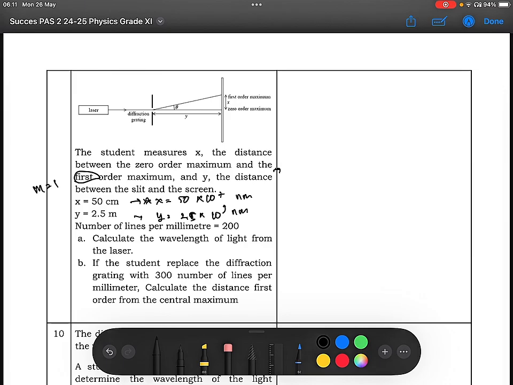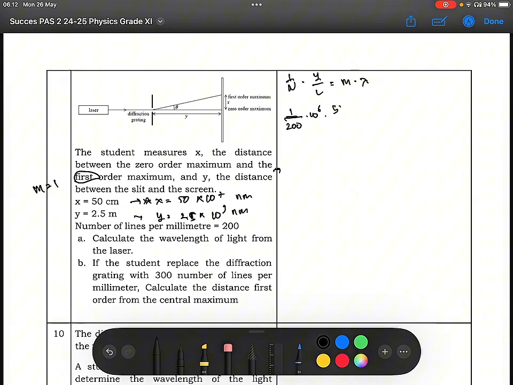So y per L equals m lambda per d. You change the millimeter, times 10 to the 6.